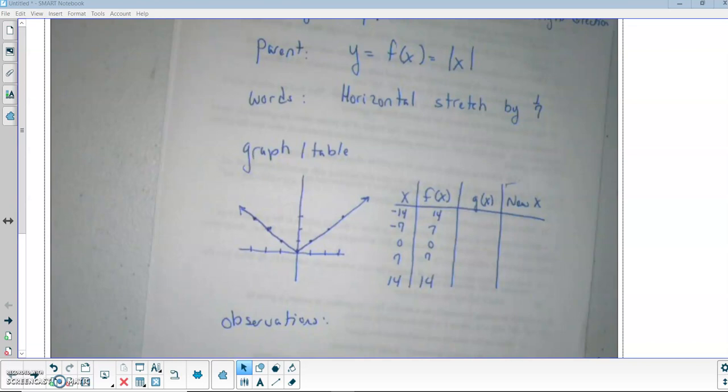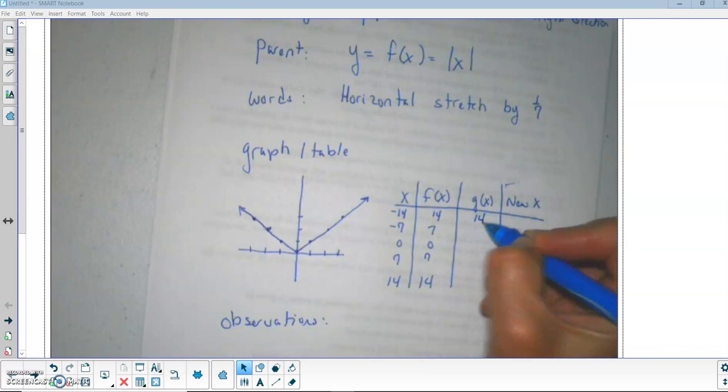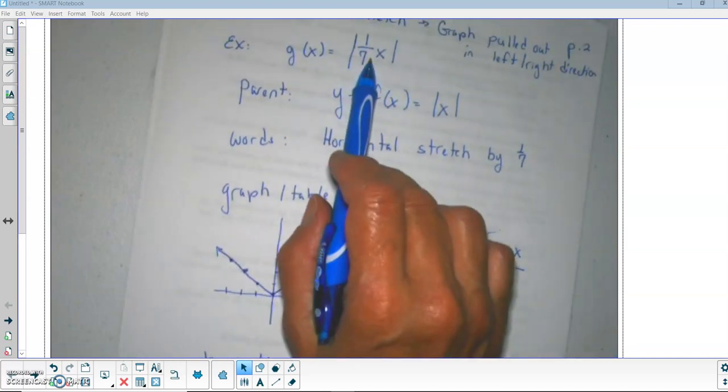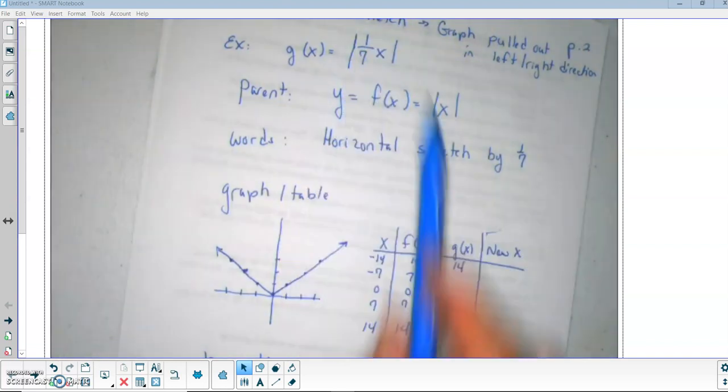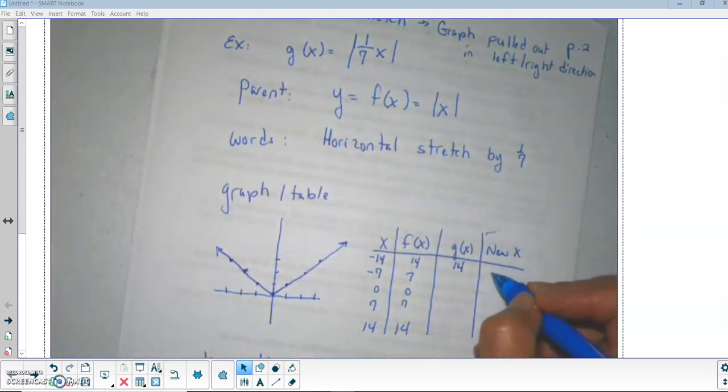To get an output value of 14, I need to have an input value that was bigger than what I started with. So this time, instead of division by 7, we're going to multiply by 7.